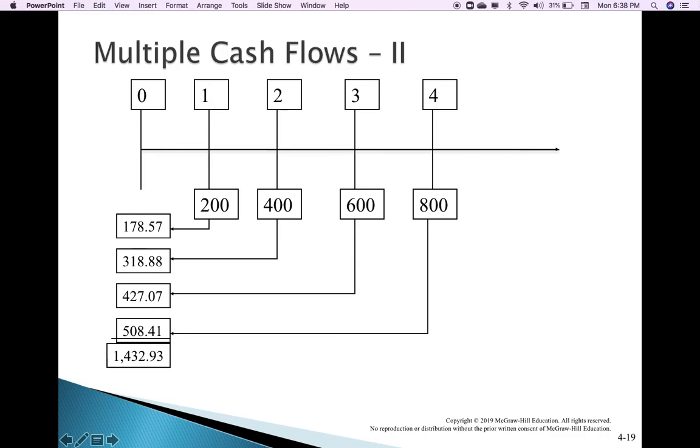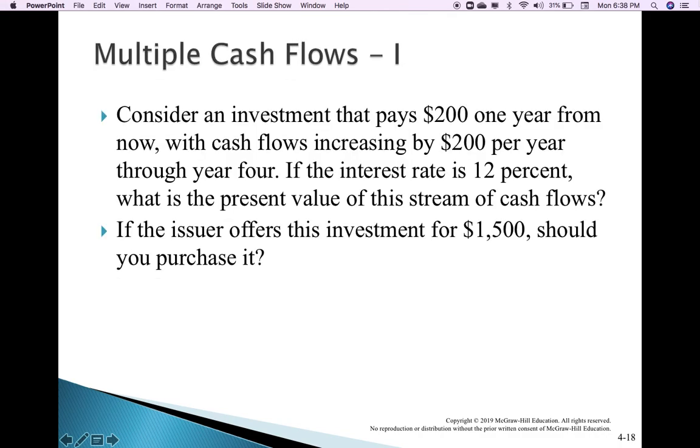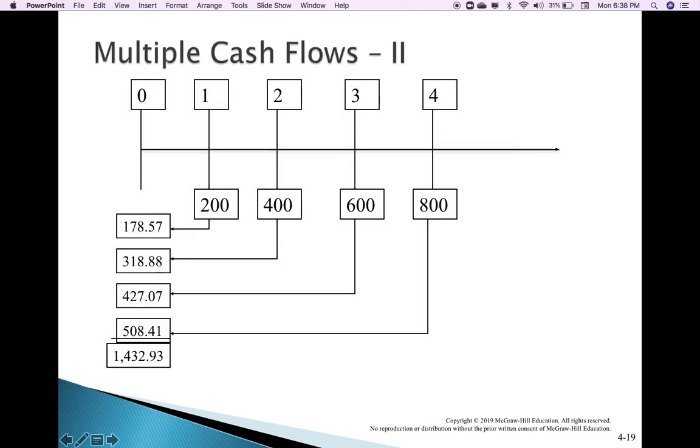Very simple. 200 after 1 year, what is the present value today? At 12%, 178.57. 400 after 2 years, what is the present value today? 318.88 at 12%. 400 divided by 1.12 to the power 2 will be the value, because 12% is the interest rate. 600 after 3 years.